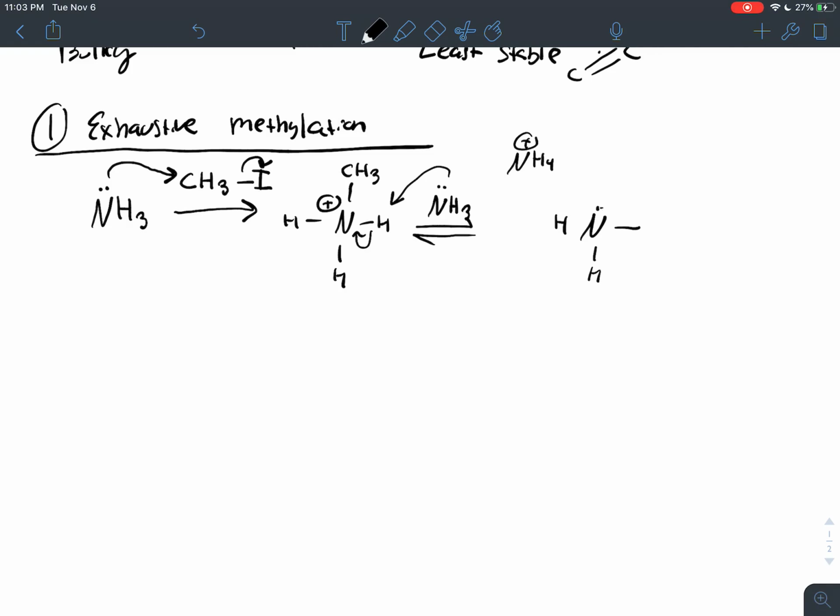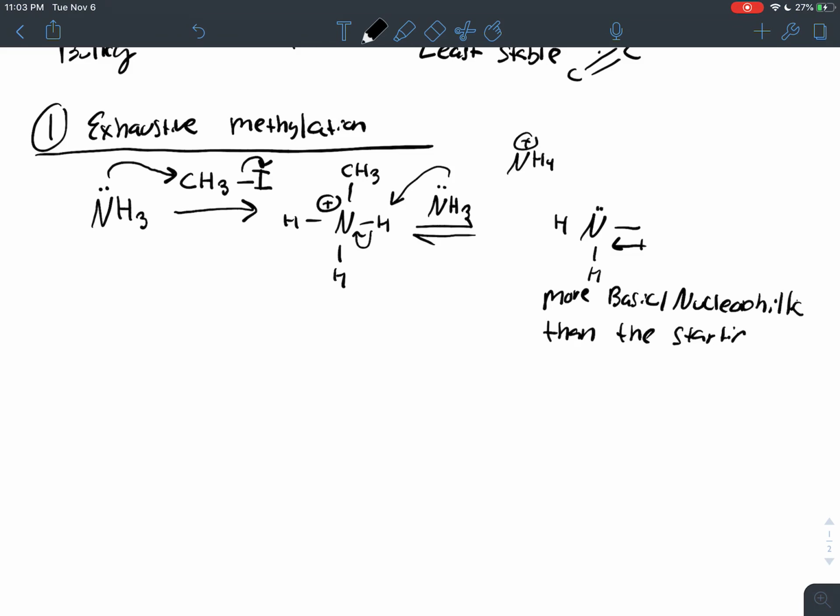Remember that methyl groups push by induction, right? So because of that, this one is more basic and nucleophilic than the starting material.